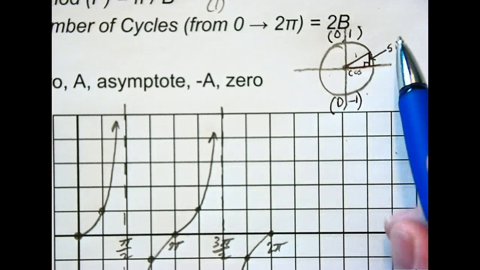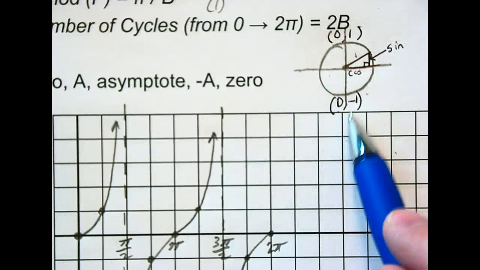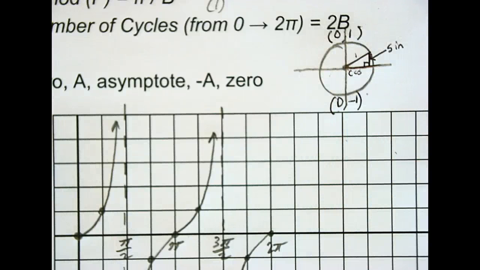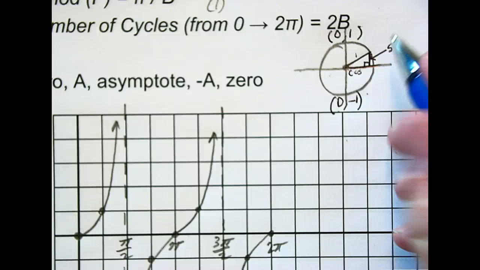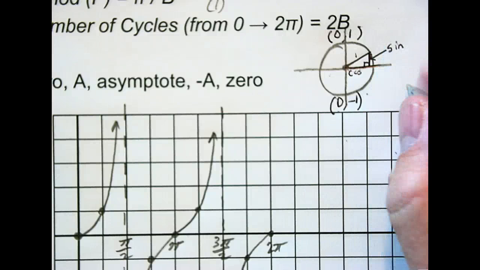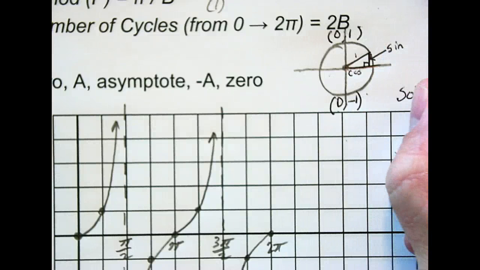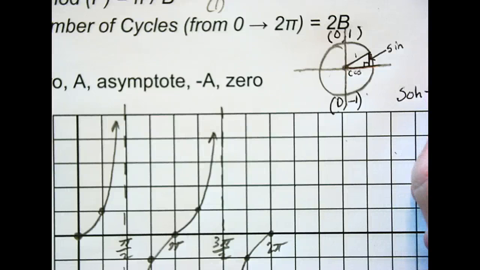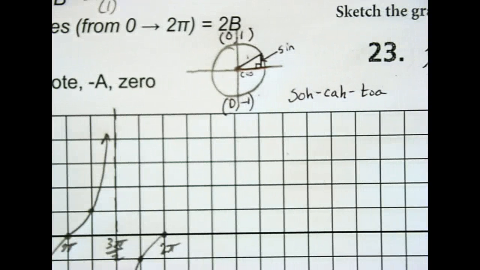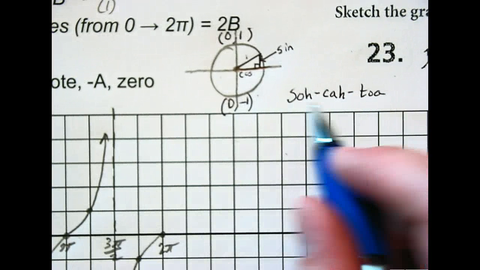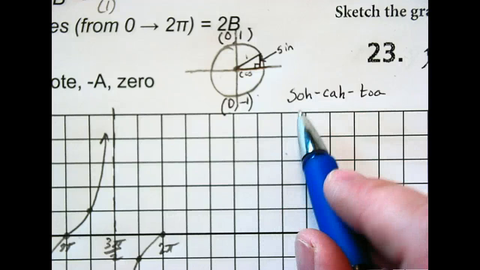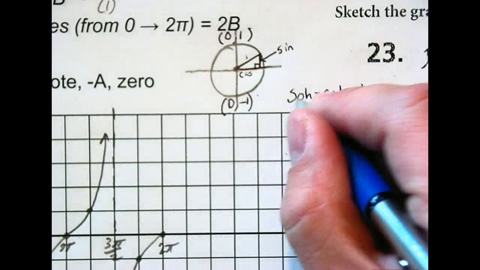Okay. So, 0, 1, or 0, negative 1. Stay with me now. How many remember this little chant? Soh Cah Toa. Now that's a chant, not a jingle. We'll talk about this in 9.6 again, but staying with me, this is sine.